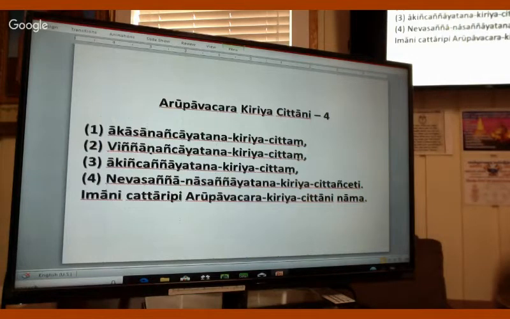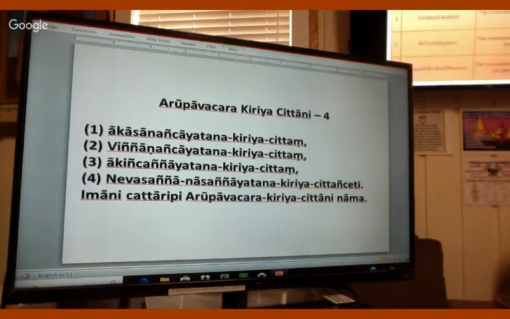First he practiced until that stage, and then he made a resolution or decision. According to his mental decision, that creation appeared. So Buddha and Arahant also sometimes need to make that kind of arupavachara Kiriya Chitta. That's why Kiriya Chitta also.